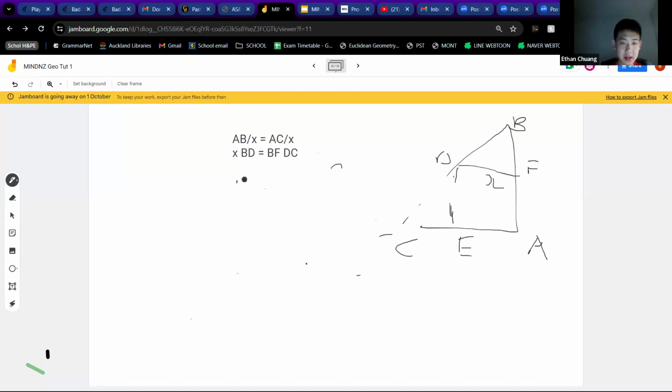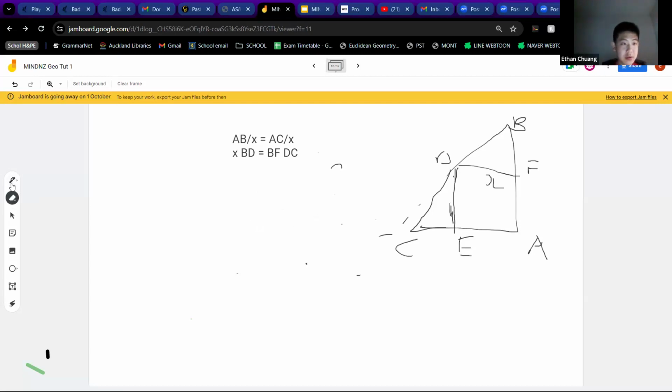Guys, remember that BD over BC equals 1. Did you assume that this is a midpoint? I don't think it's the midpoint. That's a problem. Yeah.